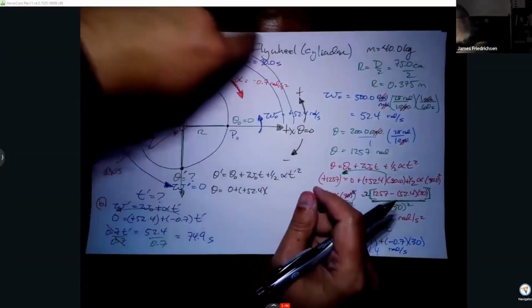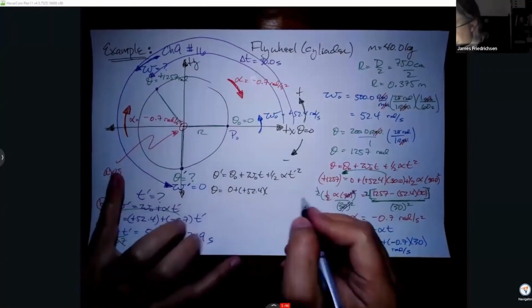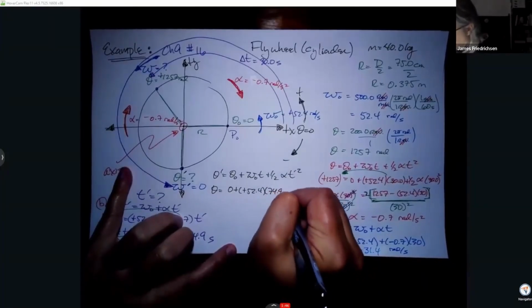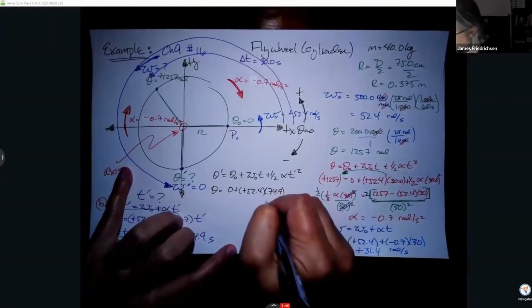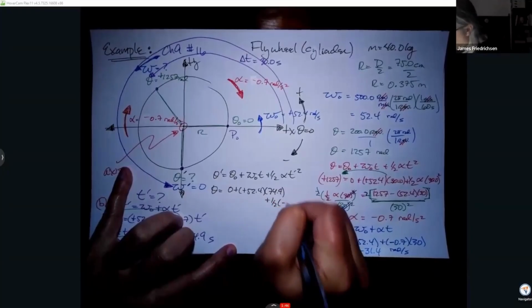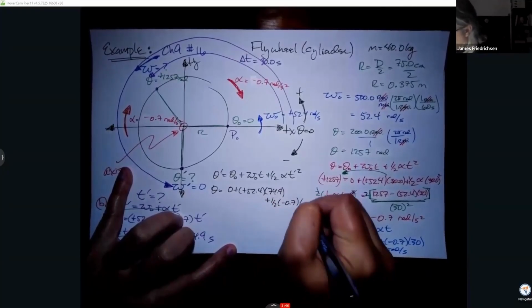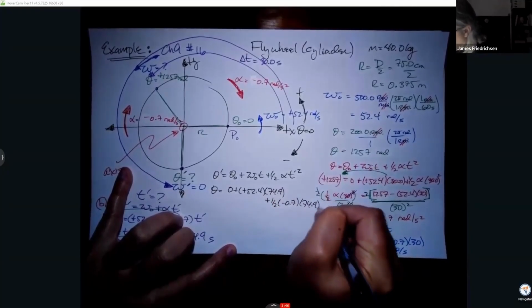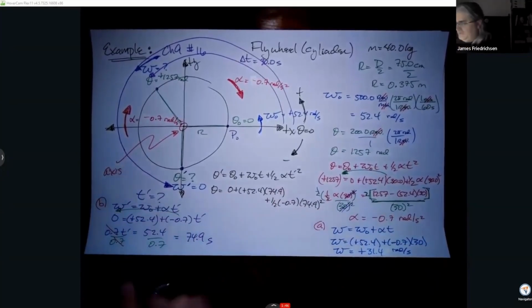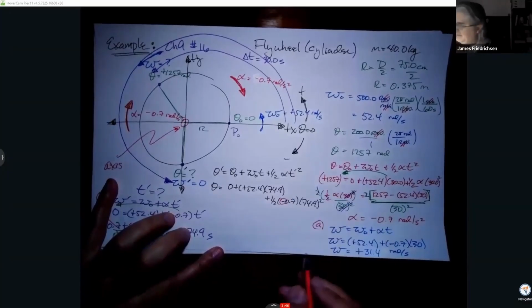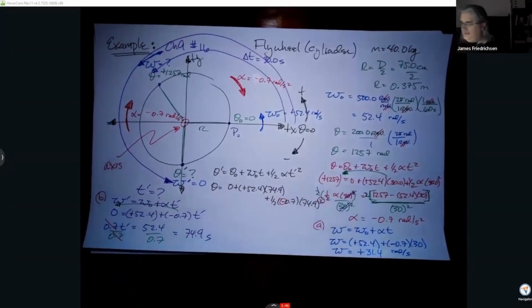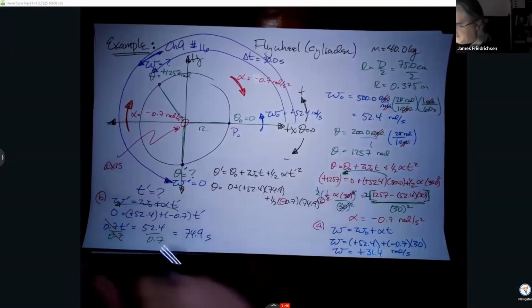The time to go from here all the way to the stop is the 74.9. And then this will be plus 1/2 negative 0.7, 74.9 quantity squared. Sorry, I have to do the two lines. So be careful with this minus sign right here. Don't lose that square right there. You know, the standard stuff.